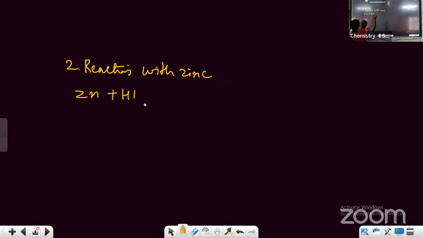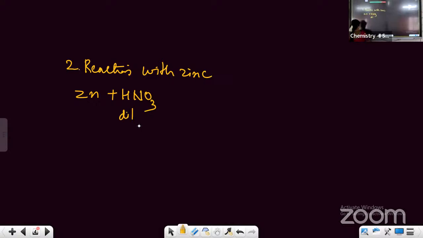The second one is the reaction with zinc. Reaction with the zinc, so Zn plus HNO3. As I have told you, we are going to do the reactions with the two concentrations. So first I am taking dilute.